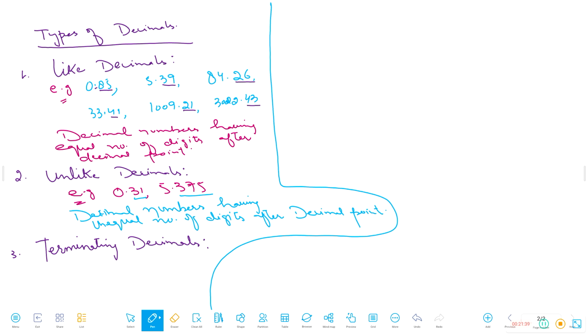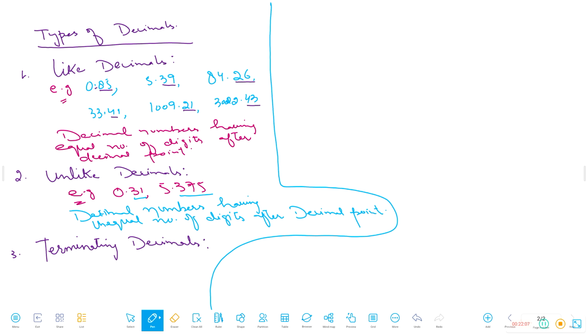In case there are unlike decimal numbers, you can add them, but there will be a huge confusion among the students unless and until you make it like. So it is better whenever you have to add or subtract unlike decimal numbers, you will make them like. Now how to make unlike decimal numbers like?